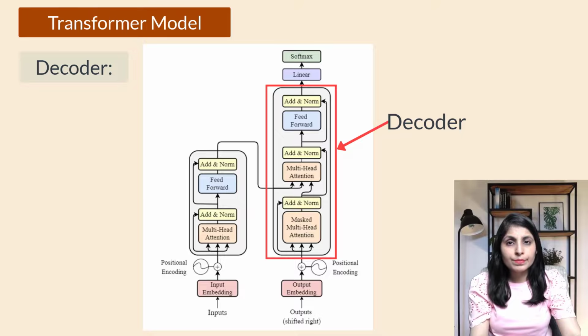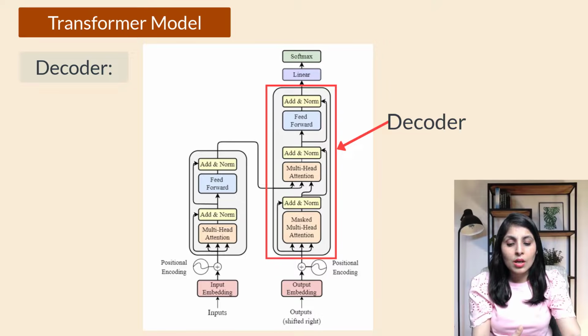Okay, so the output of the feed forward network is used to predict the probability distribution over the vocabulary, indicating the likelihood of each word being the next word in the output sequence. All right, and the word with the highest probability is selected as the predicted next word. So this is an iterative process.